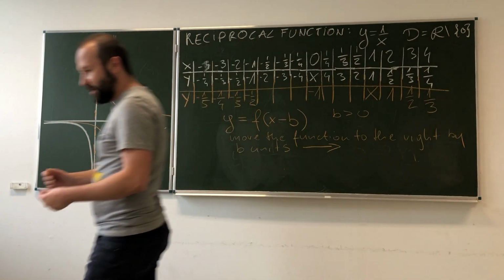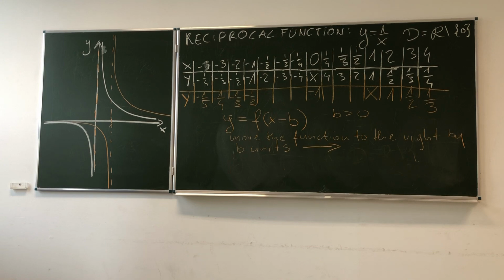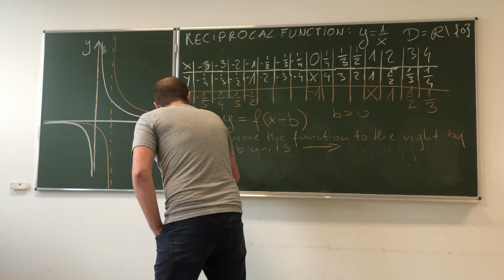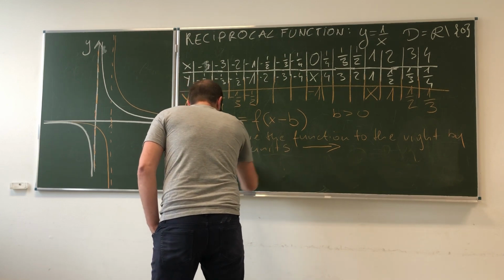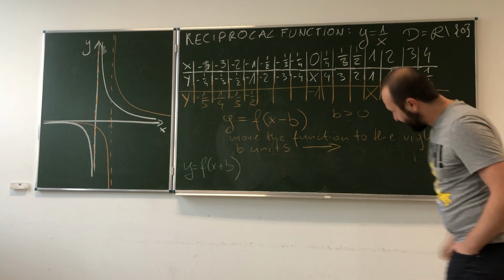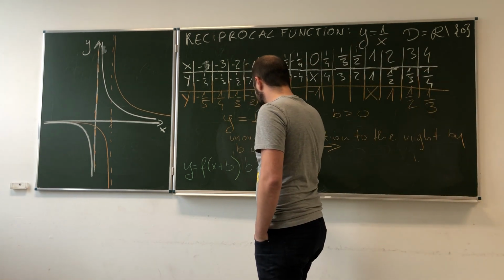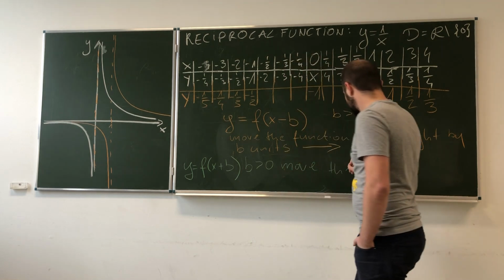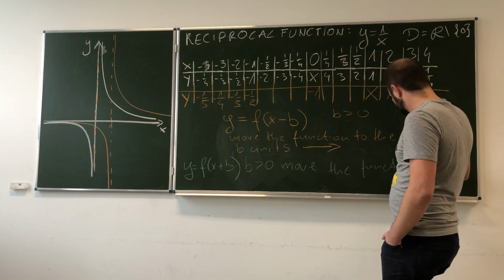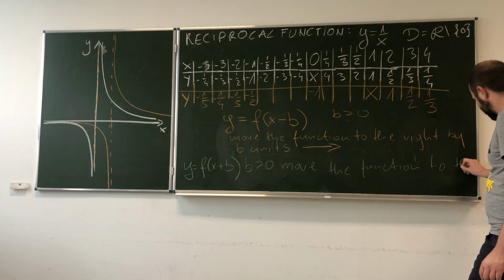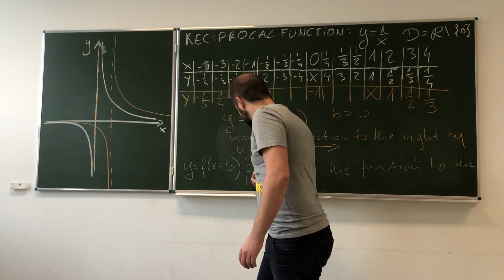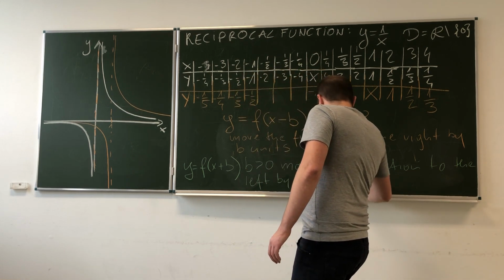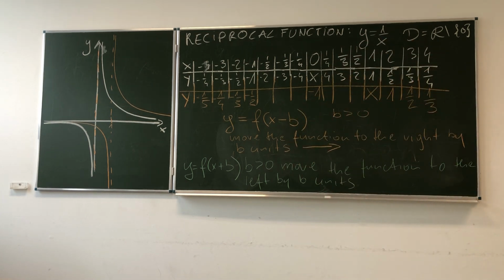And look, it also works in the opposite direction. If we would have y equals some f of x plus b, again with b positive, we would have to move the function to the left by b units.